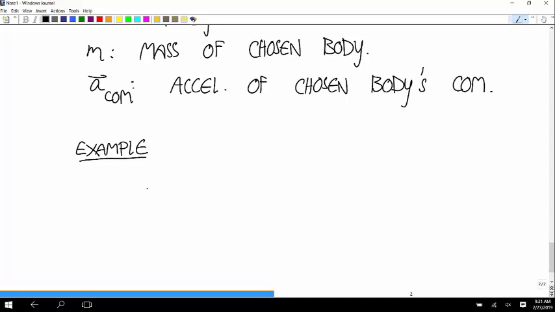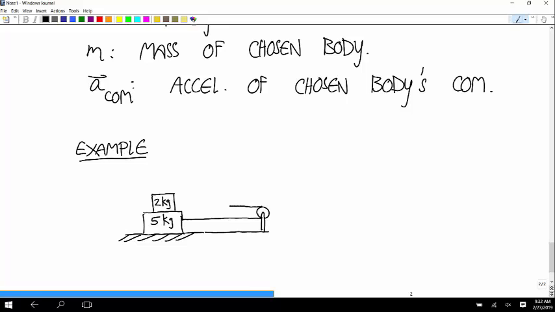All right, so let's say that we have a 5 kilogram box, and it's connected to a cable. And sitting on top of the 5 kilogram box is a 2 kilogram box.